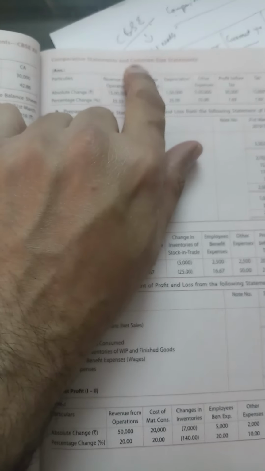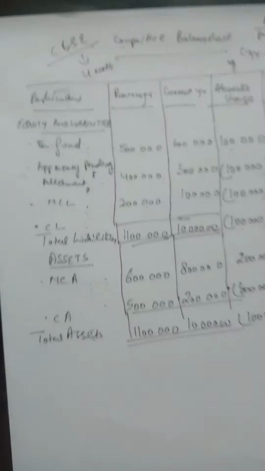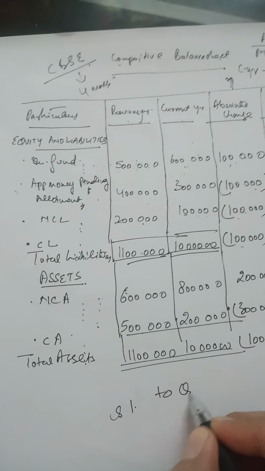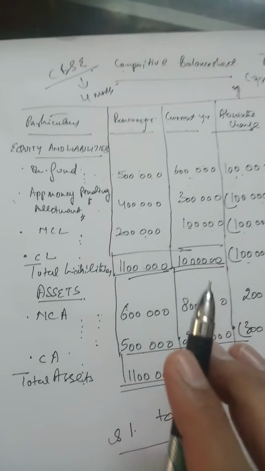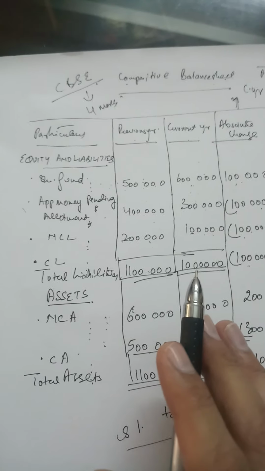I have finished one of the topics of comparative statements and common size statements, that is comparative balance sheet. You can do question number 1 to question number 7. Very simple to find, very easy to do. These are bonus marks in your board examination. Thank you.